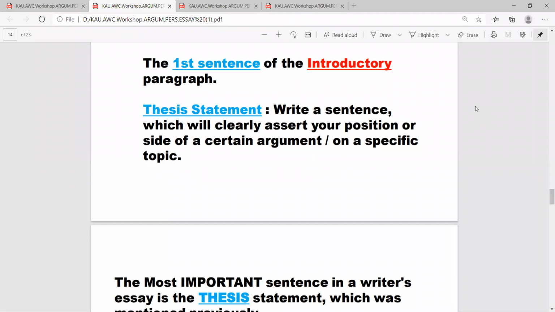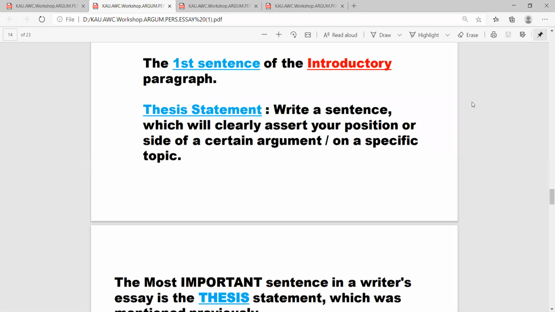The first sentence of the introductory paragraph, the thesis statement, what is your position? Why are you trying to convince people about your position? Make sure that it is clear about what your position is. For example, as I said, I think students in elementary school should wear uniforms. That's clear.